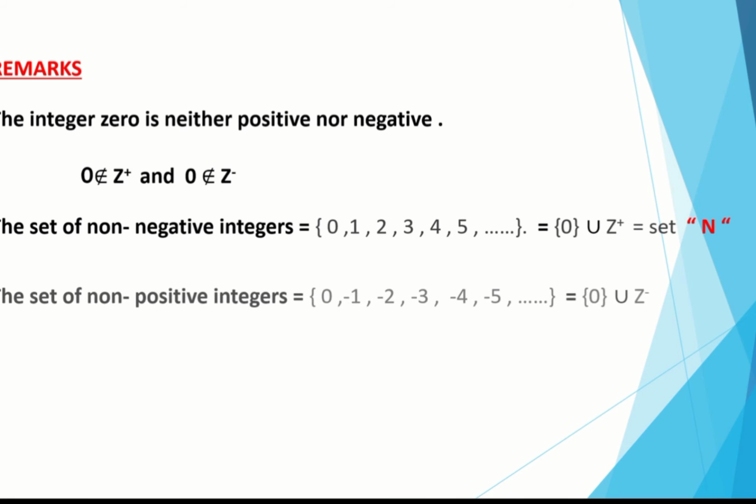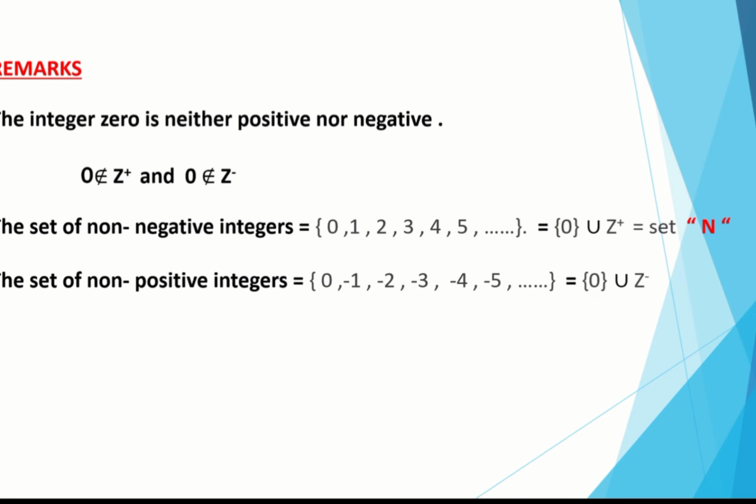The set of non-positive integers: 0 does not belong to positive and does not belong to negative, but in this case, not positive, so I put 0 and the non-positive, so I put the negative numbers -1, -2, -3.